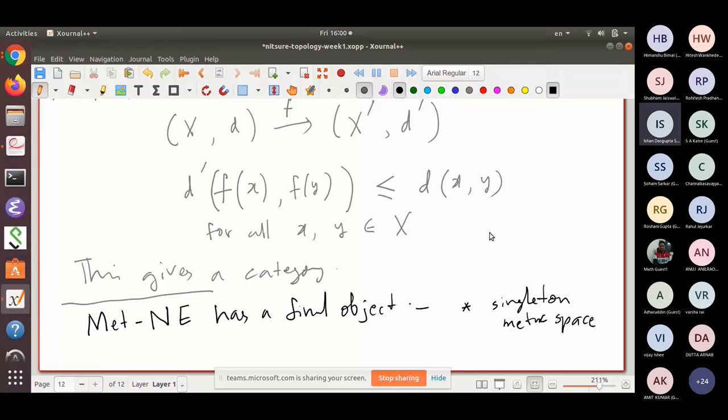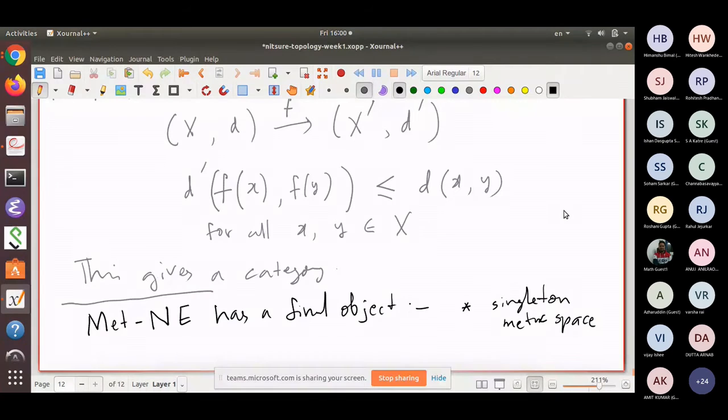Initial objects and terminal objects are the model for all kinds of other constructions like limits, colimits, products, coproducts, all your standard things. Tensor products, direct, everything, all these universal properties are finally boiled down to initial or terminal objects in an appropriate category. So initial and terminal objects are very important.